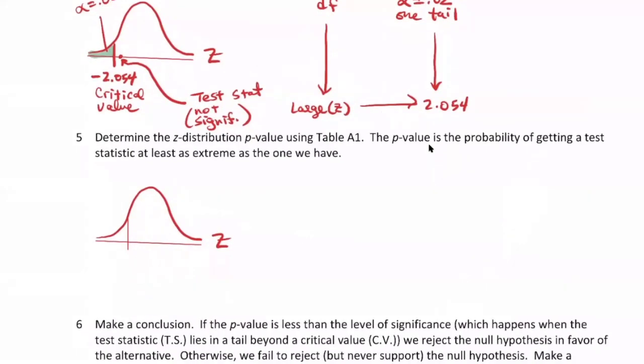Negative 1.81 here. And that's the test stat. Okay. And then the area of that tail is the p-value.